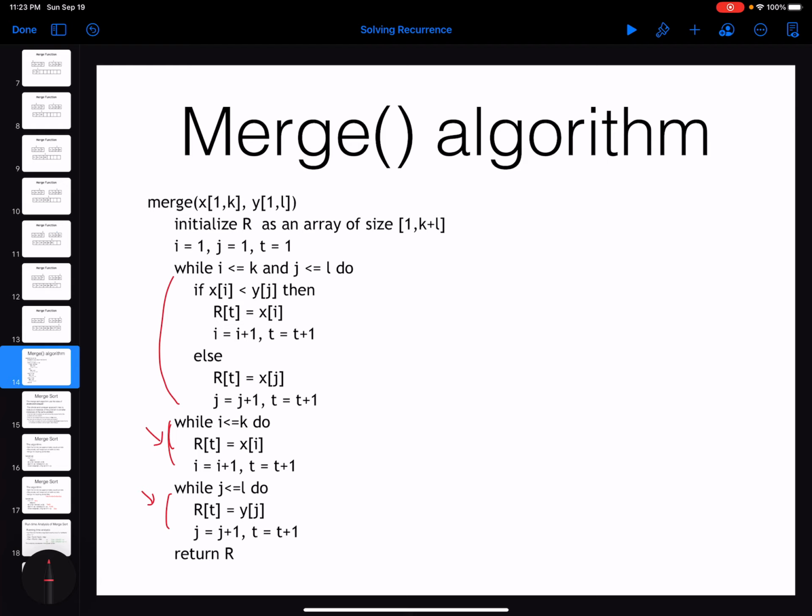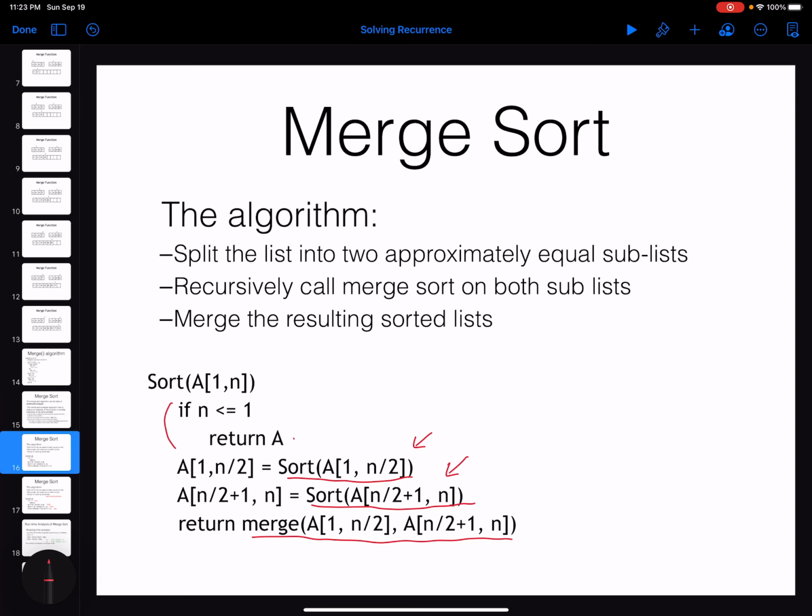I can simply find the time function and then analyze it, saying that this is going to be theta of n, for example. But in this pseudocode, I have two recursive calls. So how can I find the time function for this algorithm?